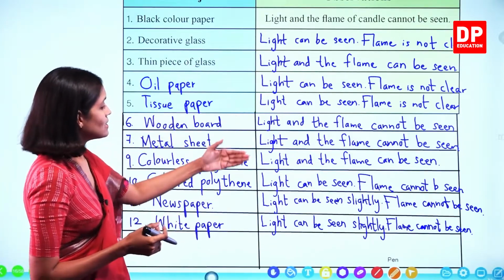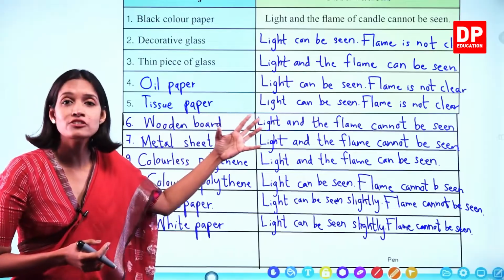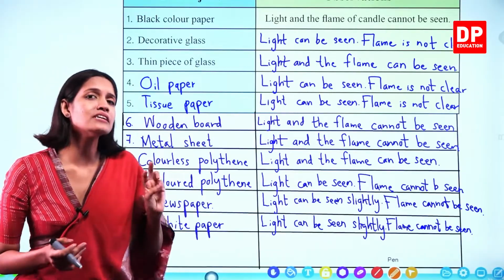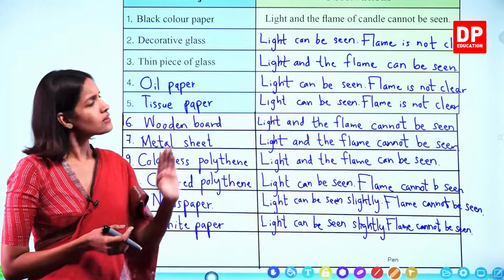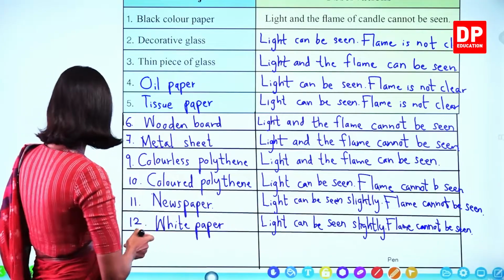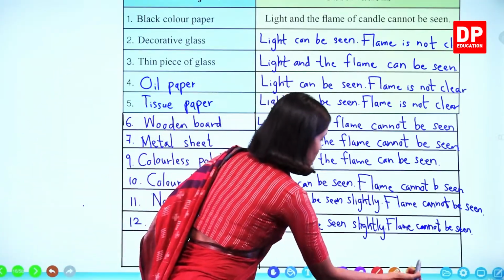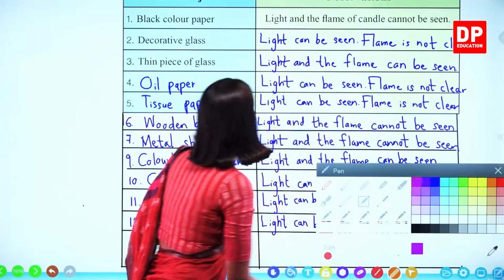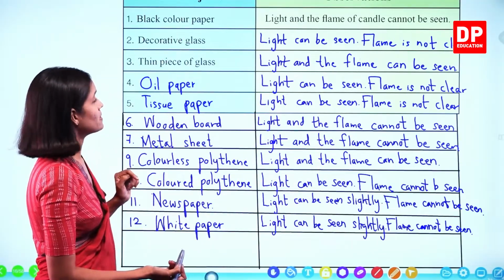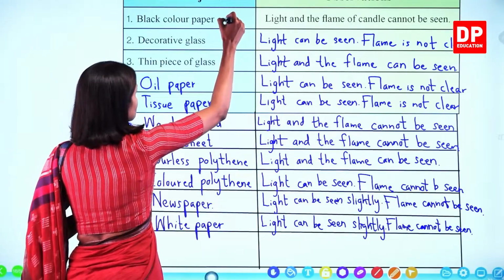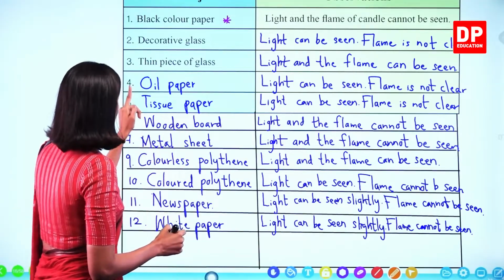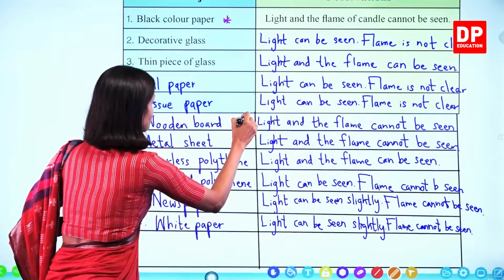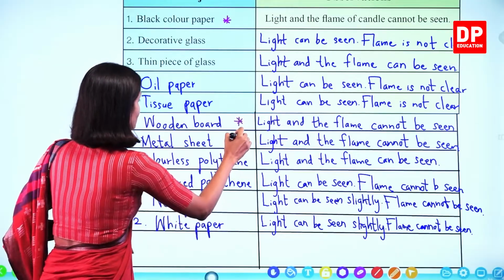So it's very clear. This light travels through different materials in 3 different ways. Can you understand that? Now I will mark it with different colors. First I will take the pink color. Look at this black color paper. And then wooden board. And the metal sheet.